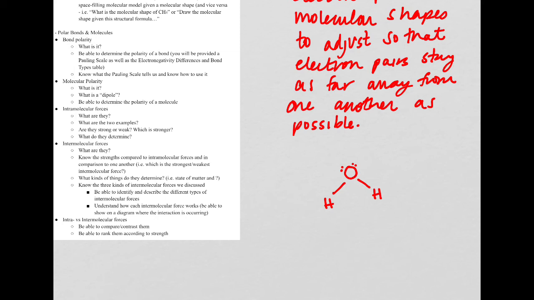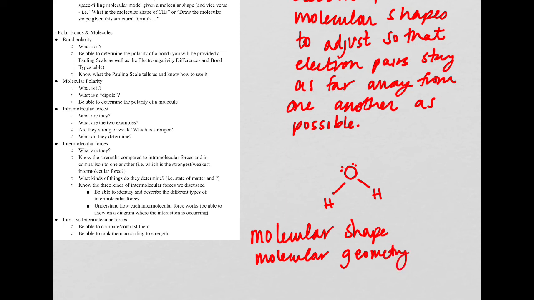But water is actually, so we have molecular shape, right? The shape here is bent, but we also have the molecular geometry, right? So the molecular geometry of this is not bent, it's actually also tetrahedral.